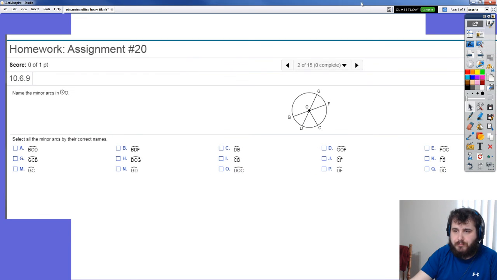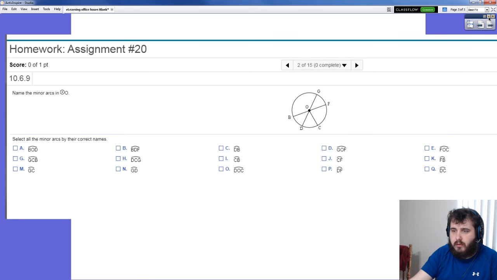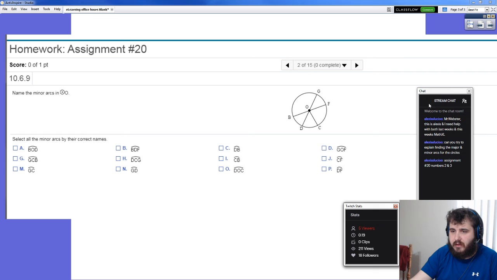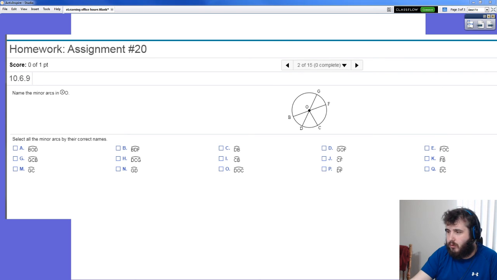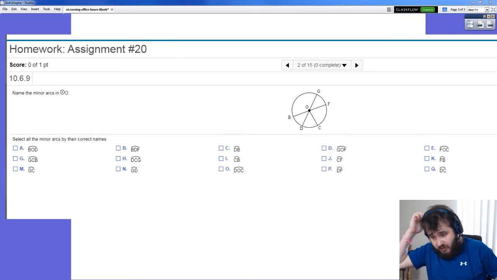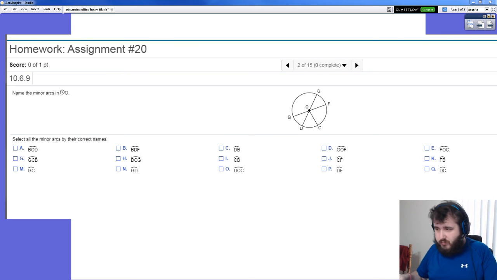So here's mine. I'm not going to say it's the easiest way, but I will say that it is, to me, the least complicated. So they want the minor arcs.